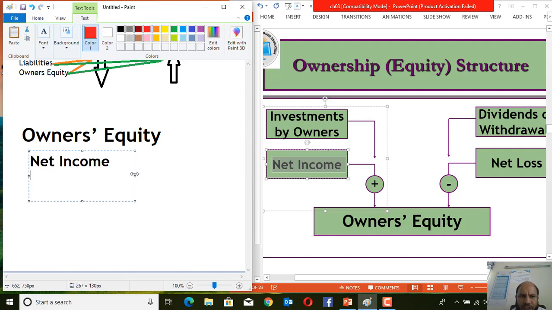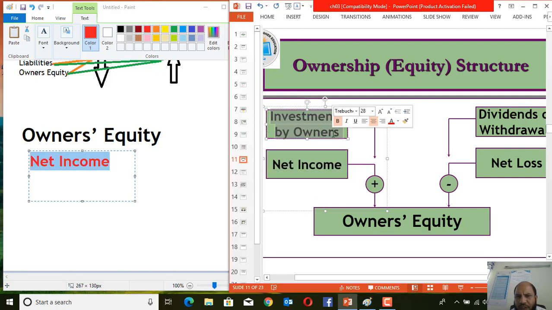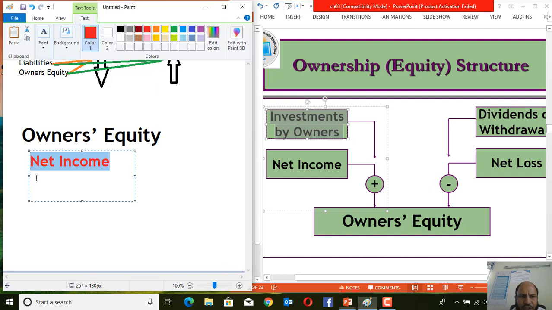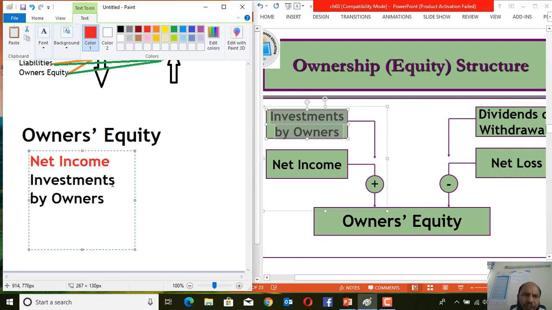And second, owner equity is increasing through the investment by the owner. If we have these two situations, the owner equity is increasing, a positive impact. For example, if we earn money, this will increase the owner equity.